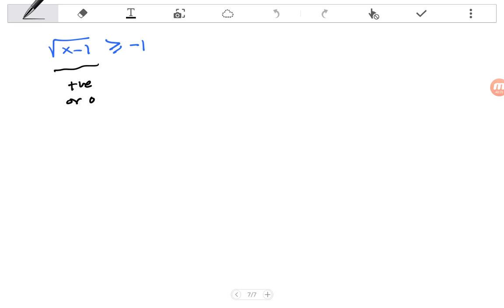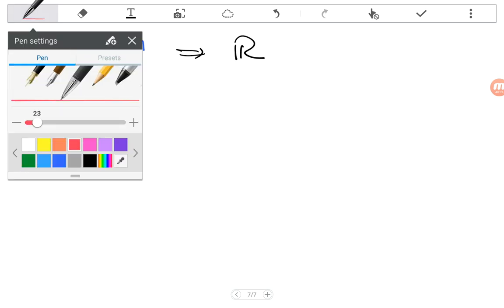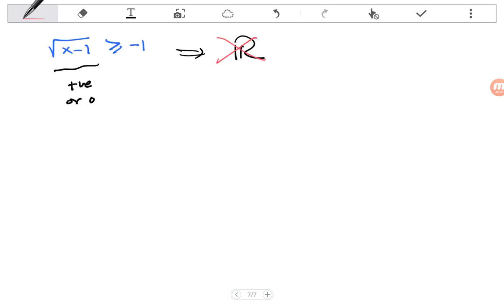So would I say that the solution will be R? No. In this case, I cannot say it is R. Why? The solution of this inequality will be all allowed values of x.